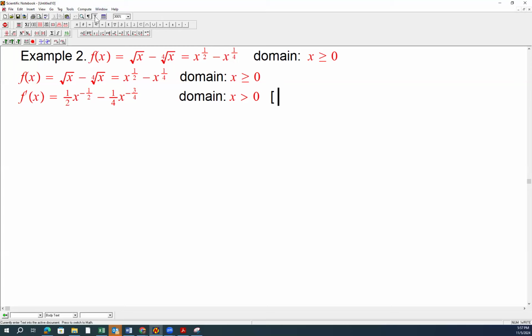This already tells us 0 is one of the critical numbers. So don't forget that. We take a mental note and I just wrote it down.